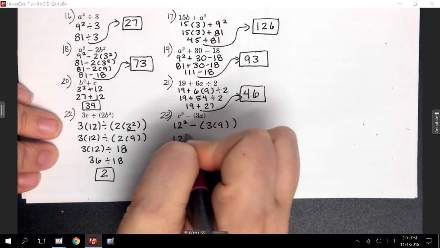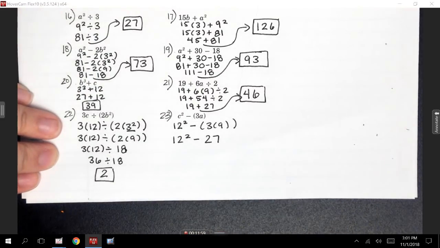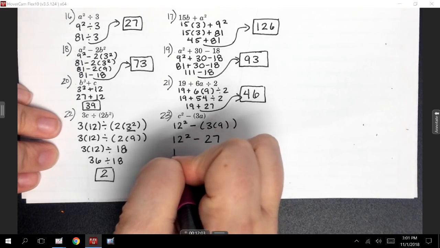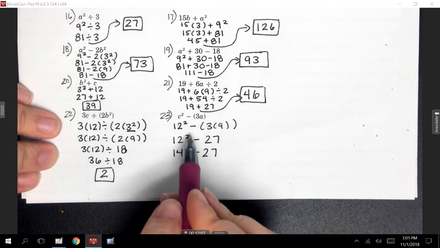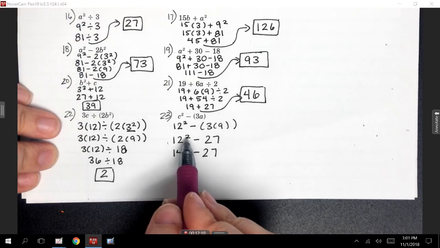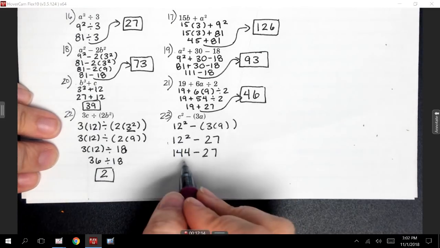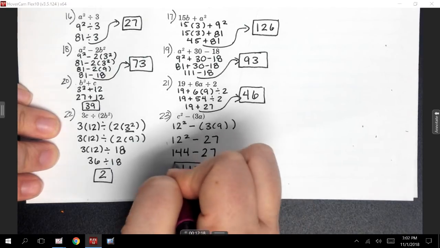So I have 12 to the second power minus 3 times 9, which is 27. Now I can do my exponent. 12 to the second power means 12 times 12, which is 144. If you put 24 here, you did not multiply 12 times 12. Remember, it's an exponent, not just multiplication. And now I can do 144 minus 27, which should give me 117.